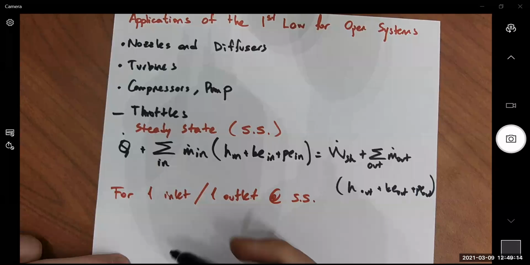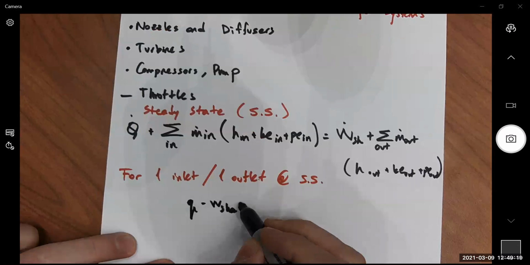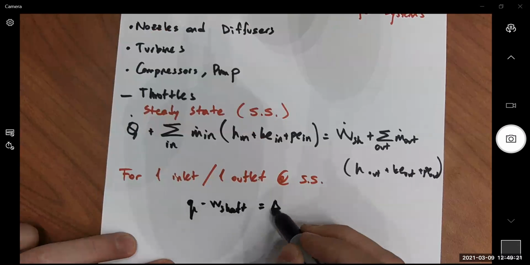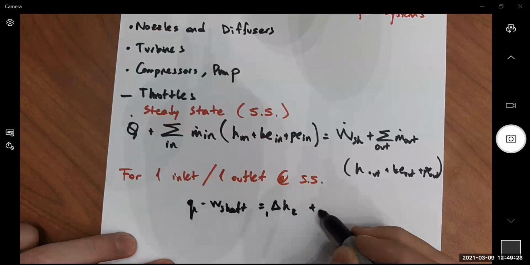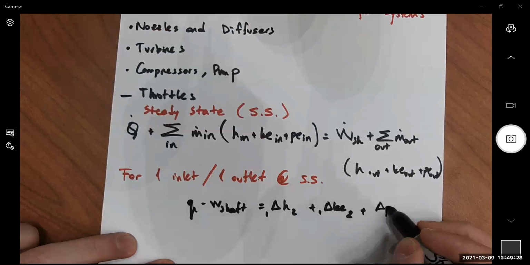Now it's Q minus work shaft equals enthalpy difference plus kinetic energy difference plus potential energy difference.